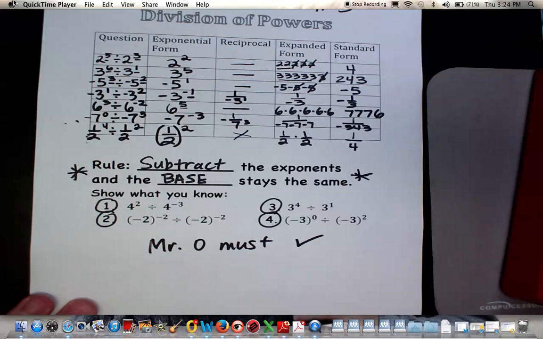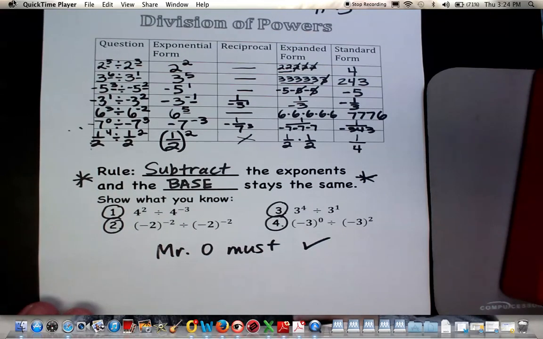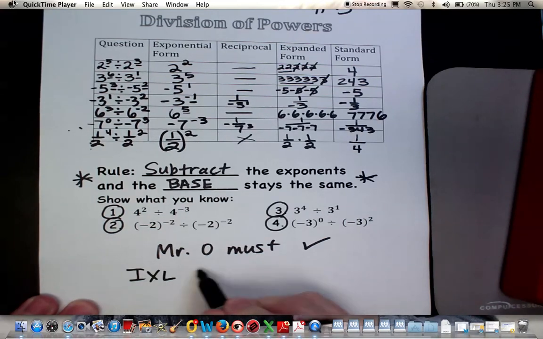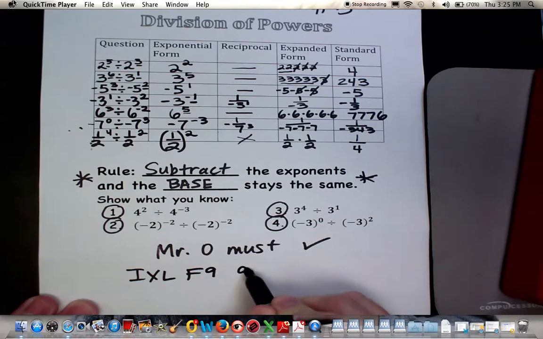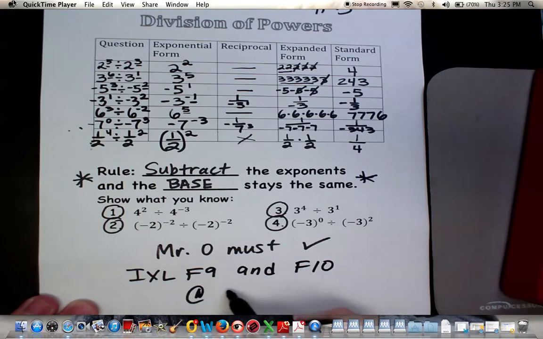Okay? Then, when you're finished with these, you will go to the next item up on your Moodle, which I think is going to be an IXL that you will be working on. I think the IXL is F9 and F10 at a minimum of 80%.